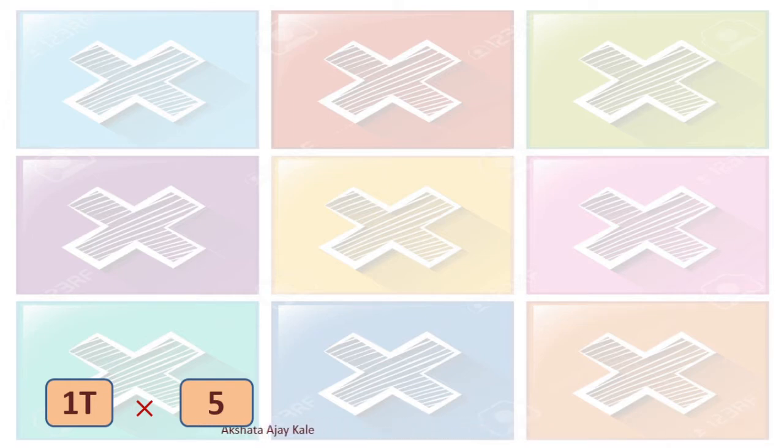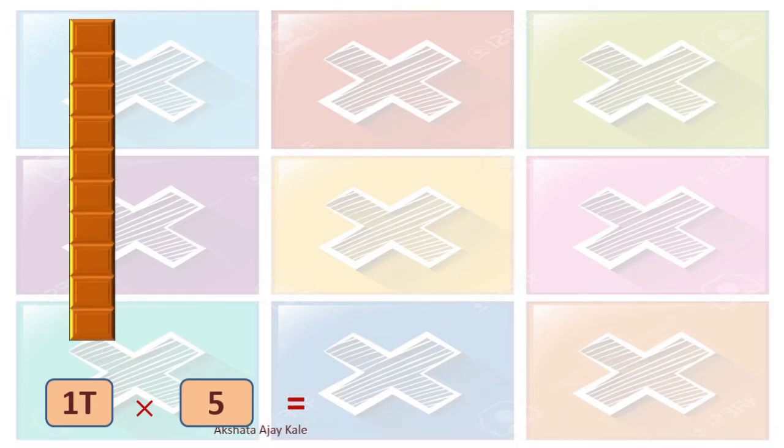Before that, I will show you: 1t means 1 ten. In 1 ten, 10 units are there, isn't it? 10 blocks together make 1 ten. 1, 2, 3, 4, 5, 6, 7, 8, 9 and 10. Means 10 units together make 1 ten.